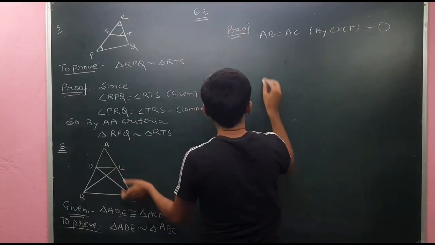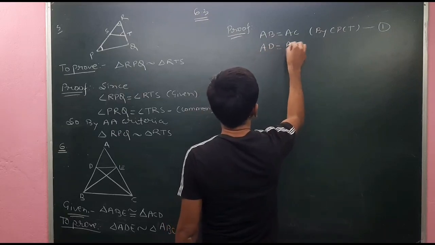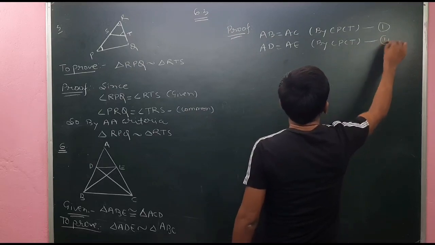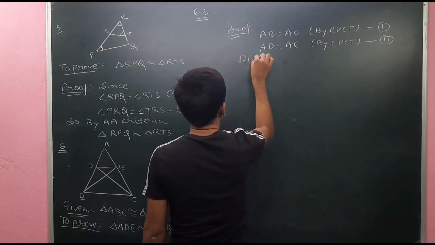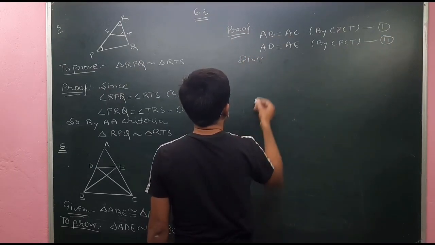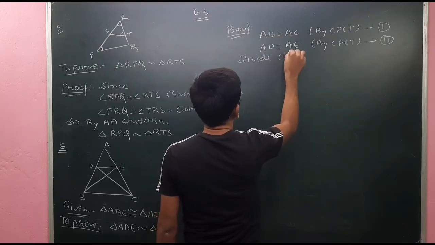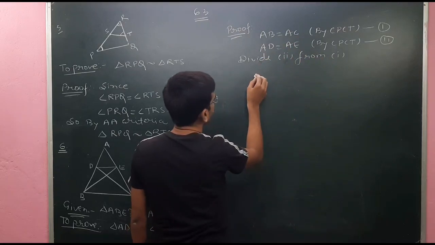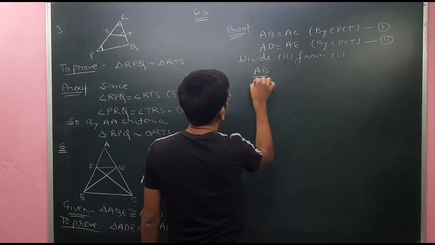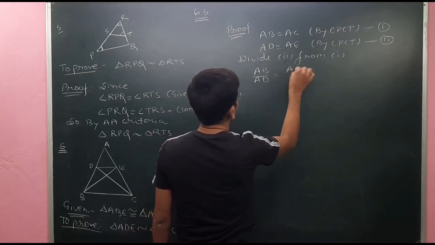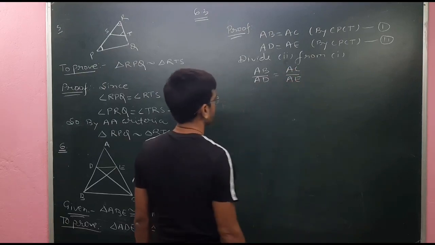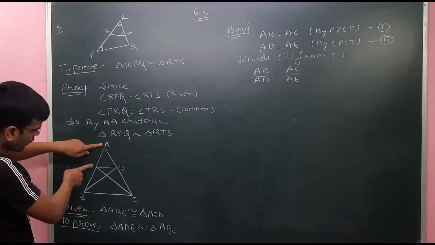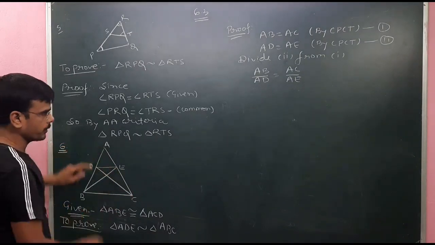AD is equal to AE, also by CPCT. This is number second. Divide second from first. This will be AB upon AD is equal to AC upon AE.